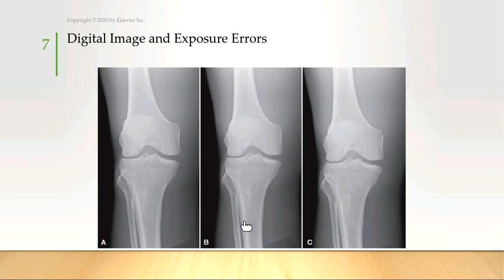And with this, your image looks okay, but you basically have fried your patient. Okay, so digital is good in the fact that it can save us from having to repeat a lot of images, but it also gives a false sense of confidence to the technologist that they're doing things correctly when the images appear correct, because they might not actually be doing it correctly.